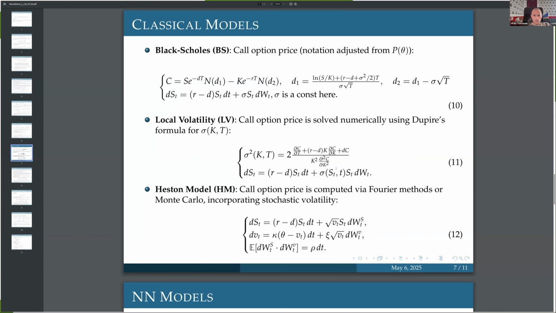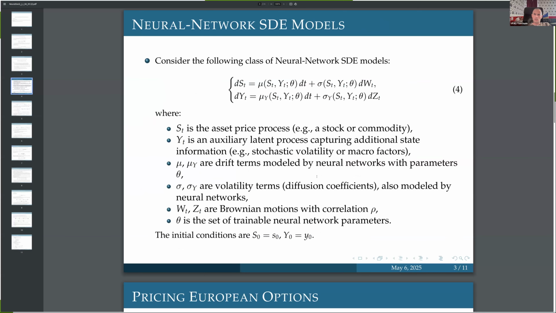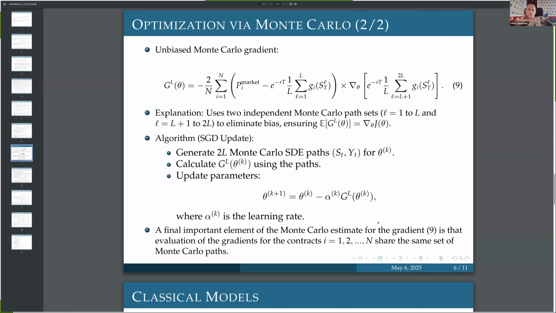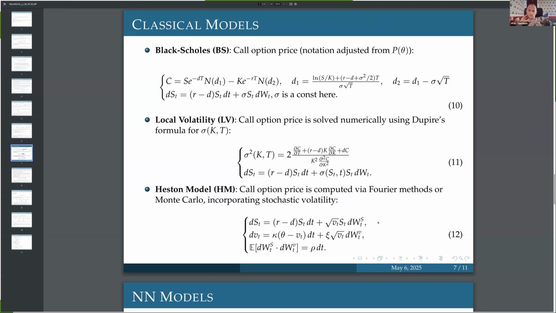It looks like some second order equation for C. What is C? C is a call option price. And what are capital T and K? K is the strike price, and T is the maturity. Okay, fine. Maybe there is some other theory that describes why the sigma should have the form it has.